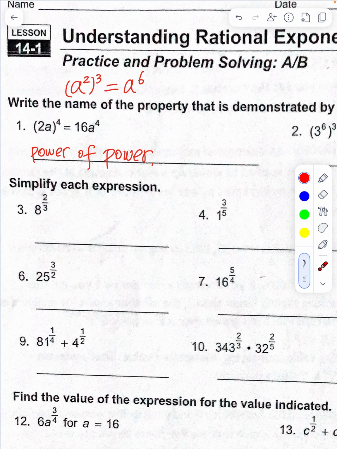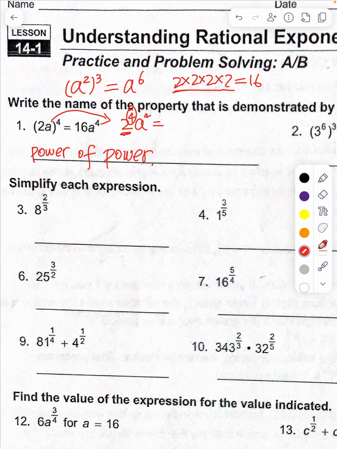So what happened is this equals 2 raised to the power of 4 and A raised to the power of 4. So 2 raised to the power of 4 is 2 times 2 times 2 times 2, so this equals 16. So 16 times A raised to the first power.